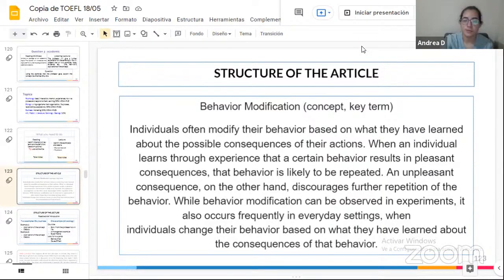Okay, thanks so much. So can anybody tell me what behavior modification is? What do we have here? What's the concept or what's the definition here?